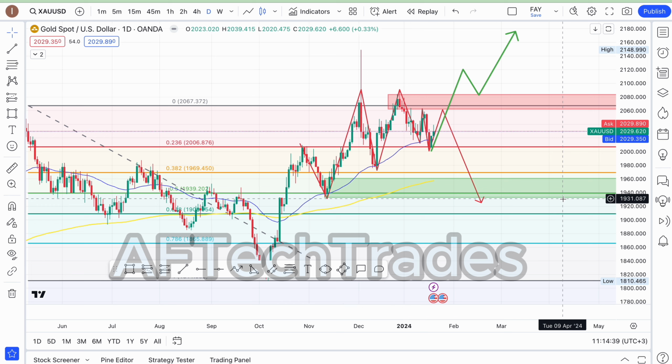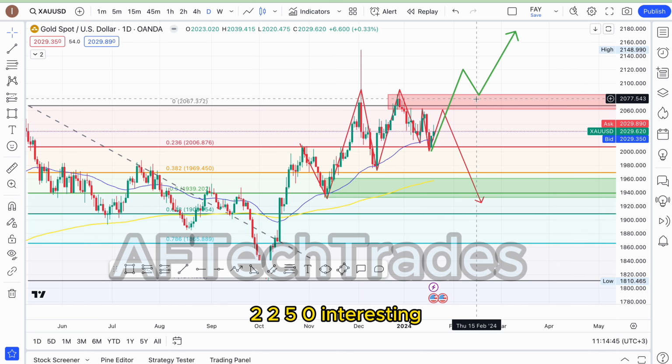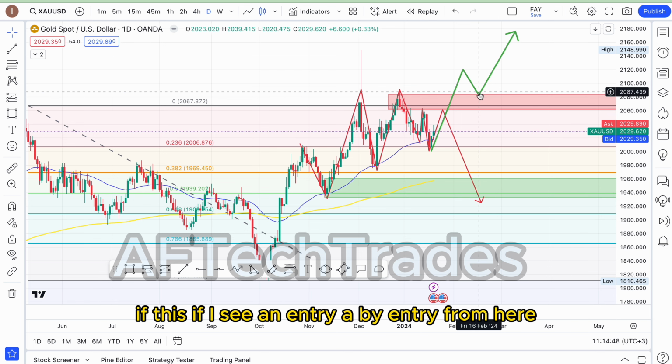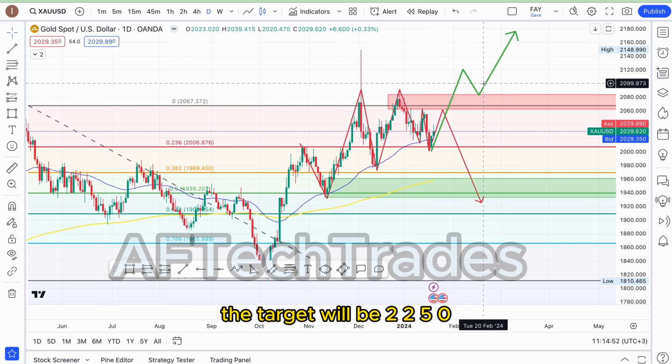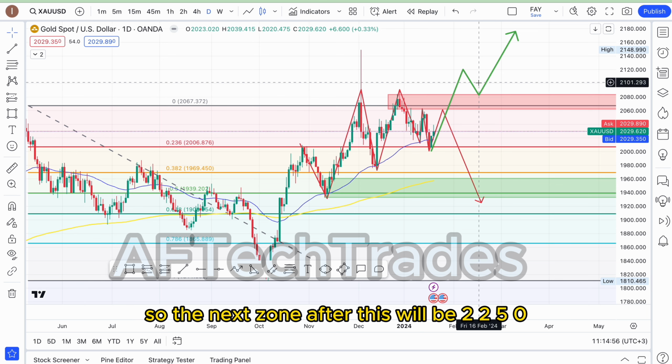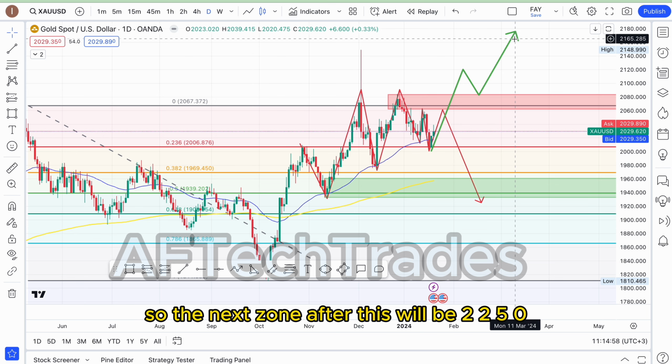So this gets me to 2250. Interesting. If I see a buy entry from here, the target will be 2250. So the next zone after this will be 2250.